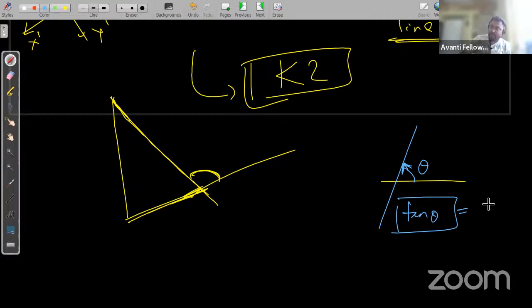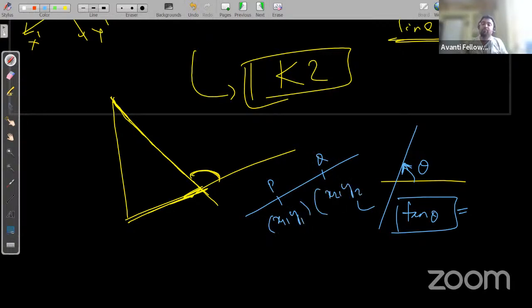Okay, and what is tan theta? We'll study later all about the slopes. And also, if you have 2 points on a line, suppose P and Q, and the coordinates of these 2 points are x1 y1 and x2 y2, then also we can easily find the slope. We'll study about the slope very clearly, no need to worry.